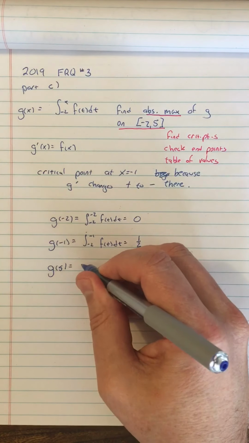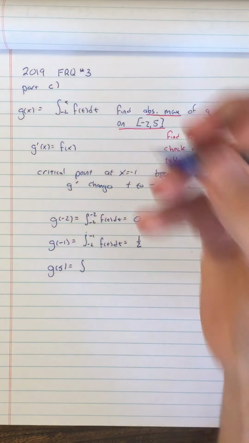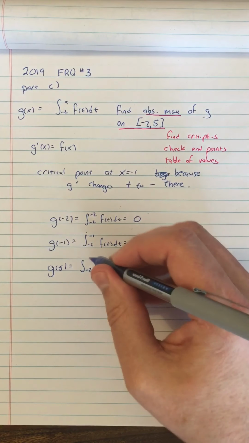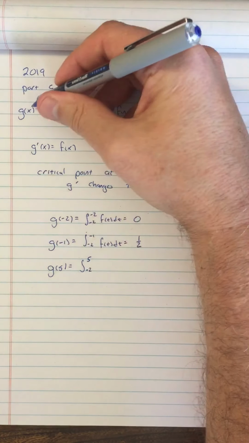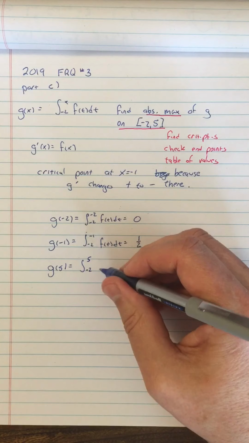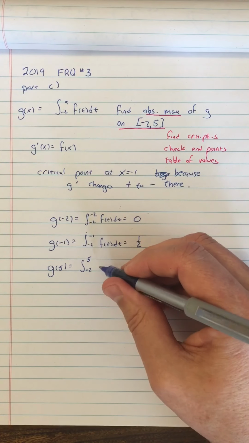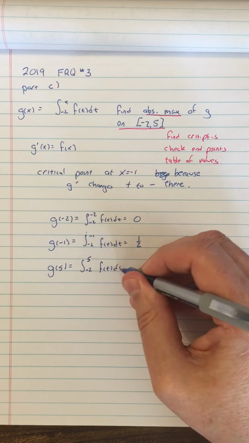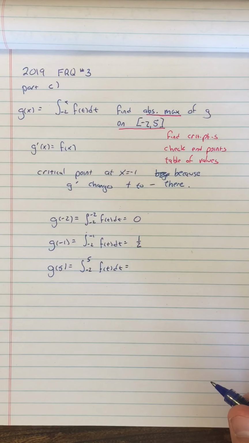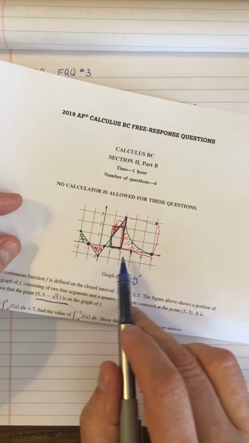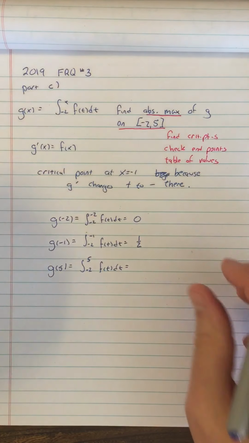To get g of 5, back from our original definition, you can also do this with the accumulation form, but we might as well just go back to the definition they gave us. It's a little easier. The integral from -2 to 5 of f of t dt. In order to do that, I have to go and add up all these areas. However, I've already done that.